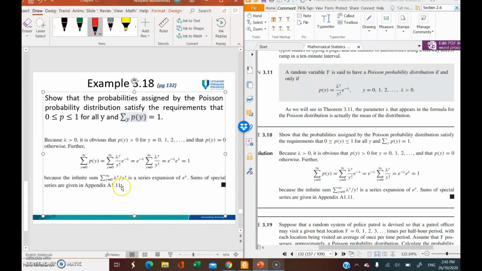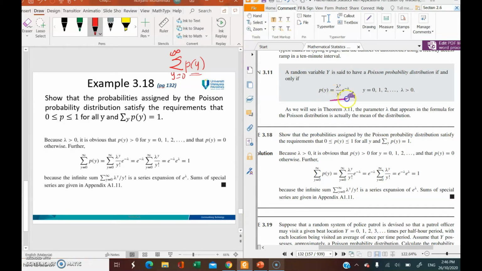Okay, so if you look here further, at the first place, if you do it properly, you will have the summation of p(y), where y is from 0 until infinity. So what is your p(y)? p(y) previously is your probability mass function.